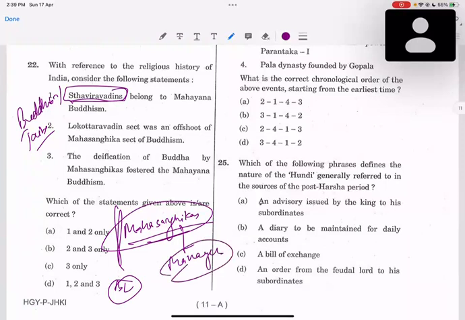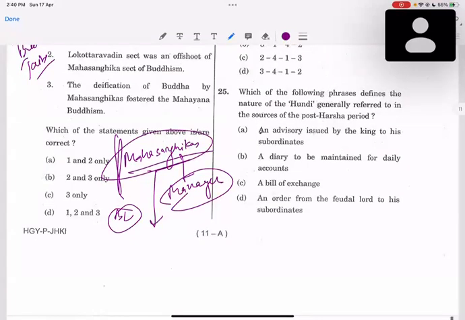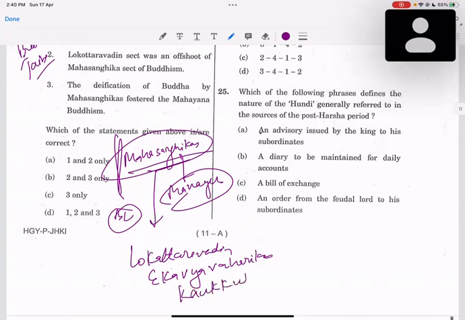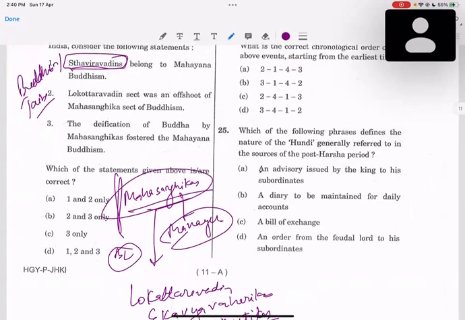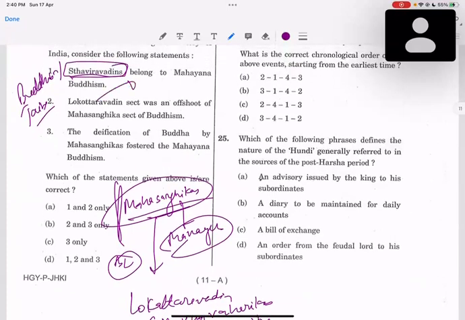These Mahasangikas were further subdivided into different parts: Lokataravadin, Ekavyavaharikas, and Kutikas. So their subparts were not Mahayana; they were precursors. So the first option is wrong because Staviravadins do not belong to Mahayana Buddhism, but Mahasangikas do.